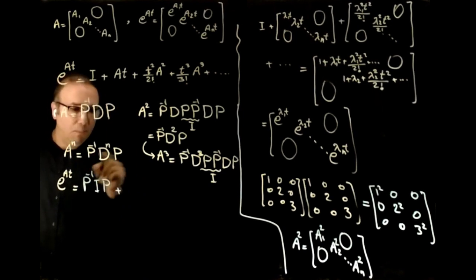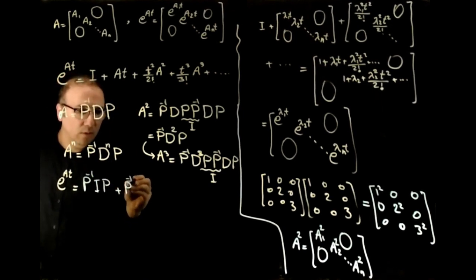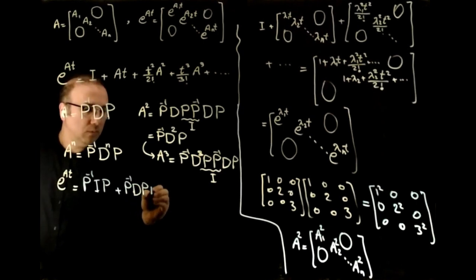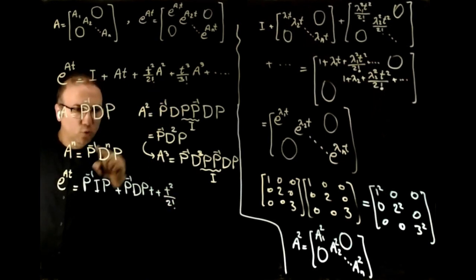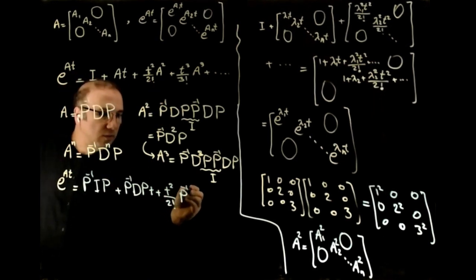Then A would be P inverse D P t plus t squared over 2 factorial. Then instead of A squared, I write it as P inverse D squared P, and all the other terms.